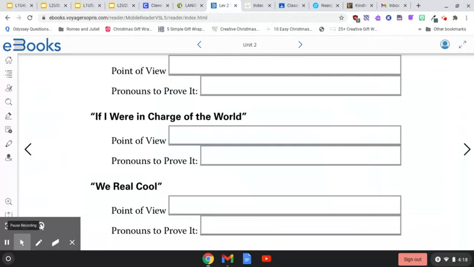So to complete the rest of this page, I want you to identify the point of view in each selection, then cite pronoun usage to support the chosen point of view. You're going to end up writing this information on the page.